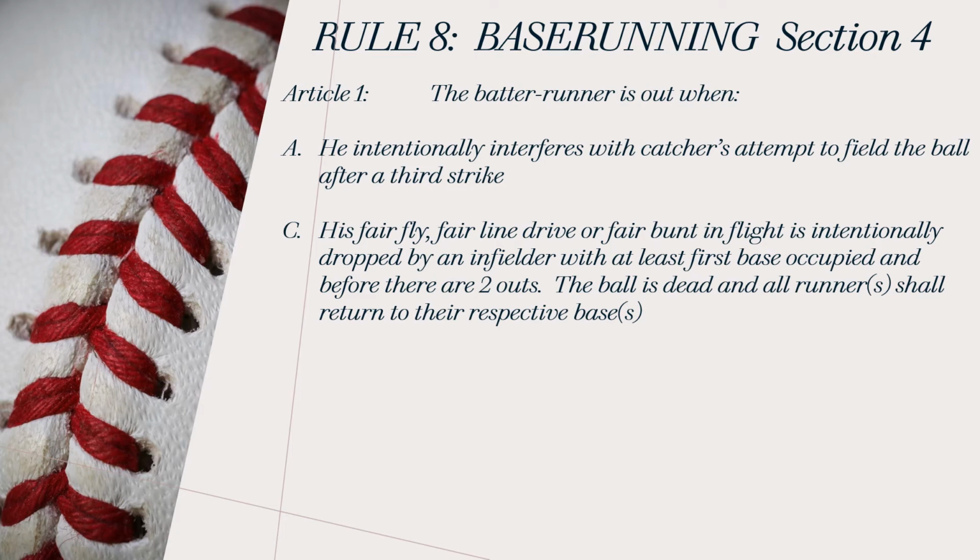Right. Batter runner is out when his fair fly, or fair line drive, or fair bunt. So fair ball, that's a pop fly, a line drive, or a bunt, and it's in flight. It's intentionally dropped by an infielder with at least first base occupied and before there are 2 outs. And as soon as that happens, we're going to kill it immediately, and the batter will be out, and then we'll return runners to the base occupied at time of pitch, or return to their respective bases, as the rest of letter C says.